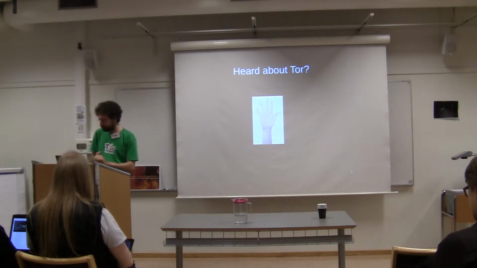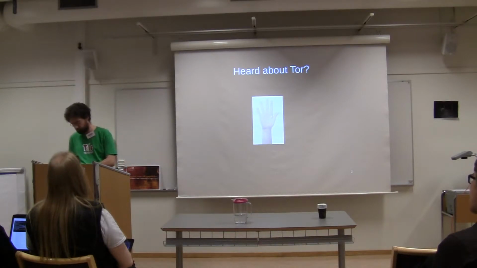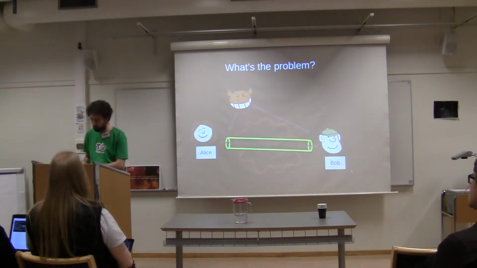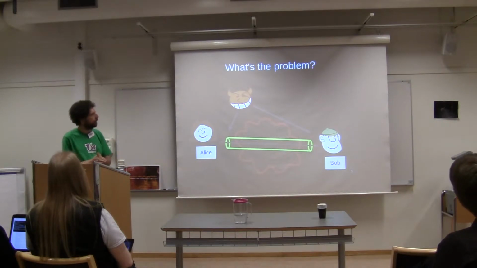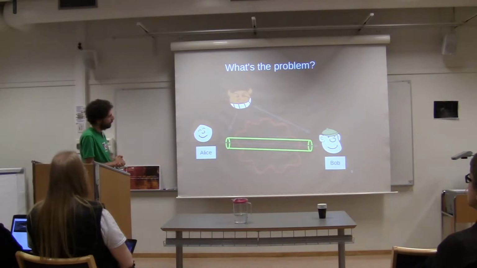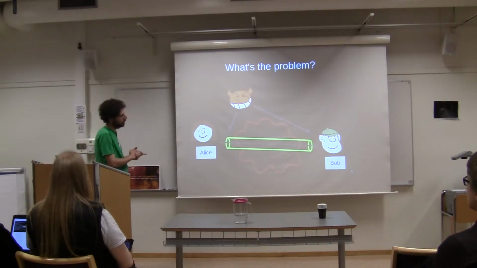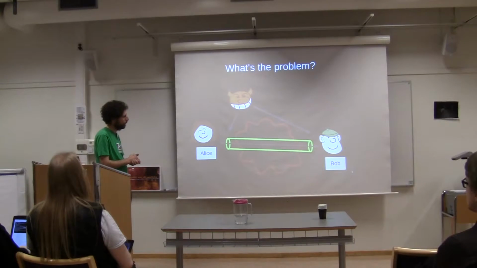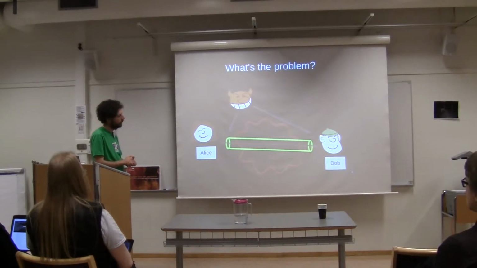So the Tor network is actually an overlay network to give you anonymity. What's the exact problem it's trying to solve? Let's suppose you have Alice and Bob and both want to communicate with each other.